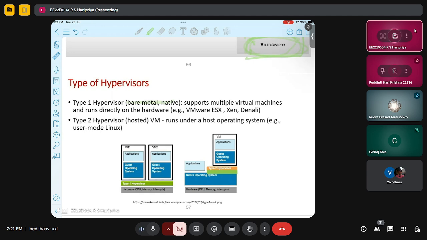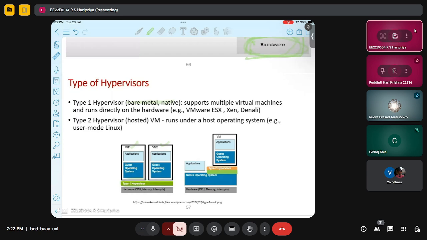In Type 1, the hypervisor is lying on top of the hardware, that's why it is called bare metal, and then it traps all the privileged instructions coming from the virtual machines, say VM1 or VM2's guest operating system and application, running completely in separate, different environments.